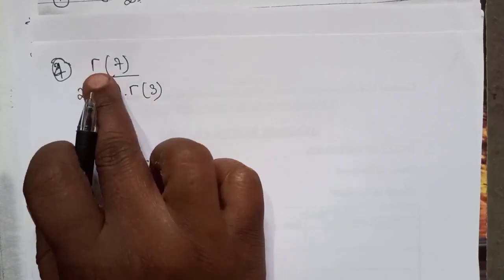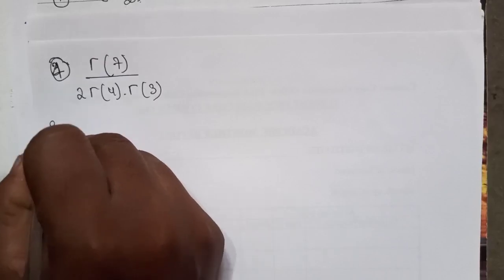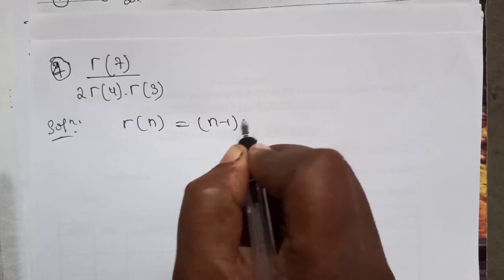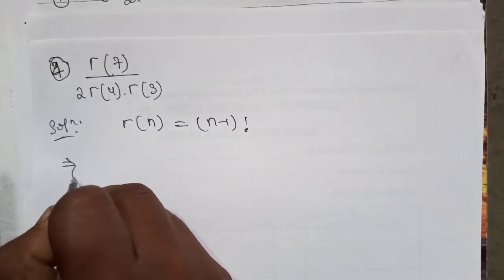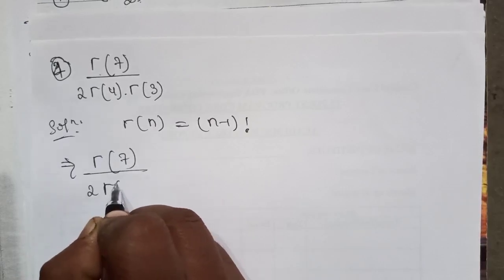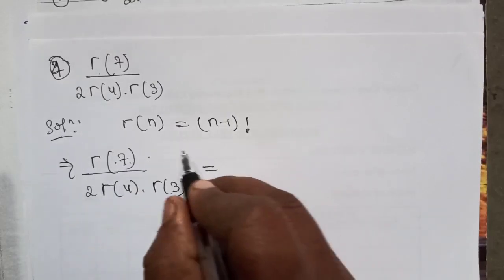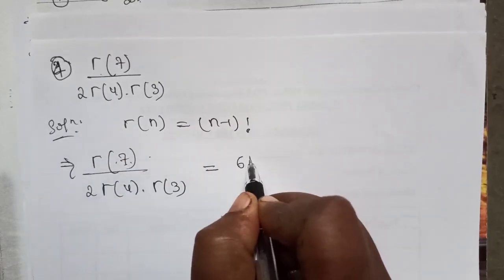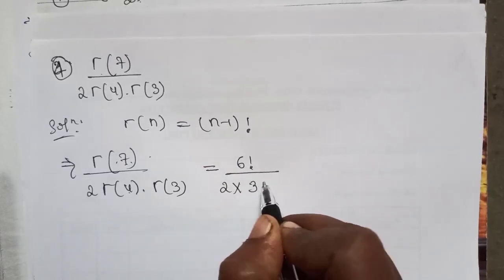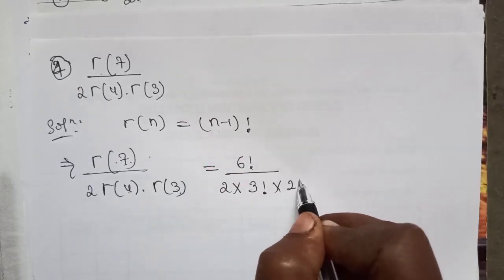Next problem: gamma of 7 divided by 2 into gamma of 4 into gamma of 3. This can be evaluated by using the formula gamma of n equals n minus 1 factorial. Here gamma of 7 is 7 minus 1, which is 6 factorial, divided by 2, into gamma of 4, which is 3 factorial, into gamma of 3, which is 3 minus 1, that is 2 factorial.